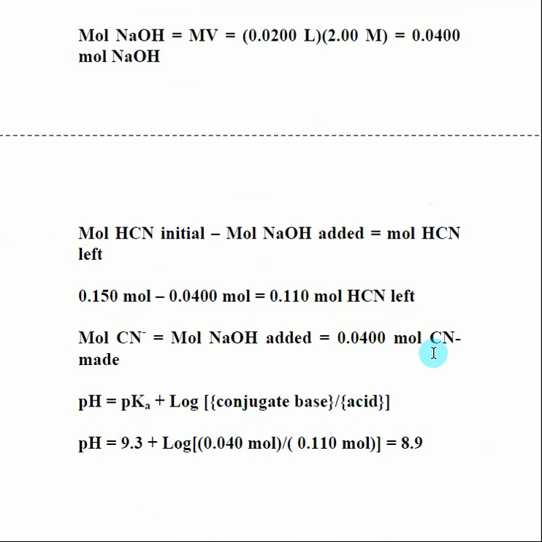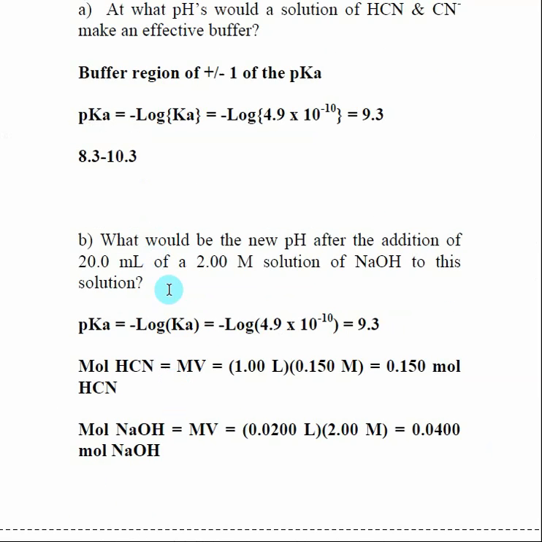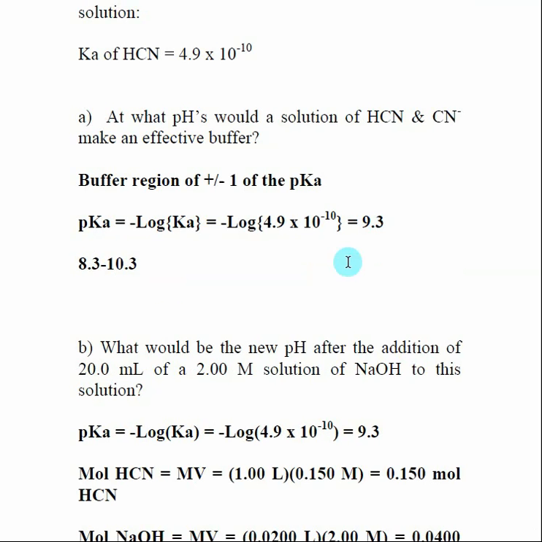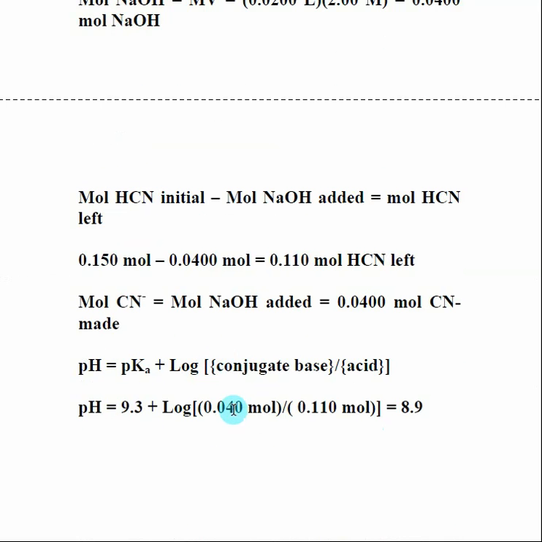Because we're doing a weak acid strong base titration, and because we're before the equivalence point, we are going to find our pH using the Henderson-Hasselbalch equation. So here, pH, that's what we're looking for. pKa, we found up here, or you can calculate it again. We find that from the Ka of the acid.